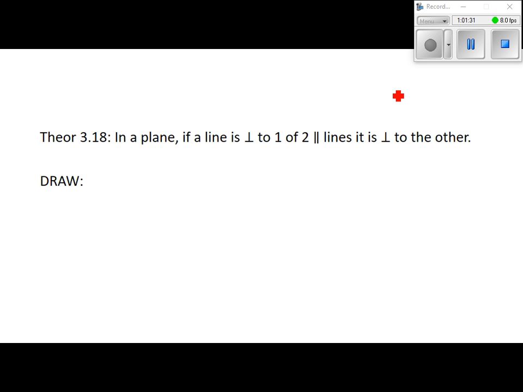Ignore this. We're going to do this. Back on your notes that we just got done taking, I want you to draw this picture that I'm drawing.